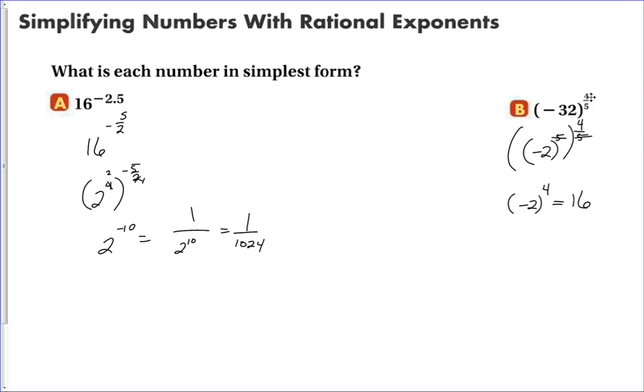I know I don't. So let's go ahead and try to break this down. Well, this is simply negative 2 to the fifth power raised to the 4/5 power. And then, of course, the 5's cancel out, leaving you just negative 2 to the fourth, which is just 16. So try to simplify your numbers first, all right? Because you might be able to cancel some stuff out with your exponents to make the problem a lot easier in the end.